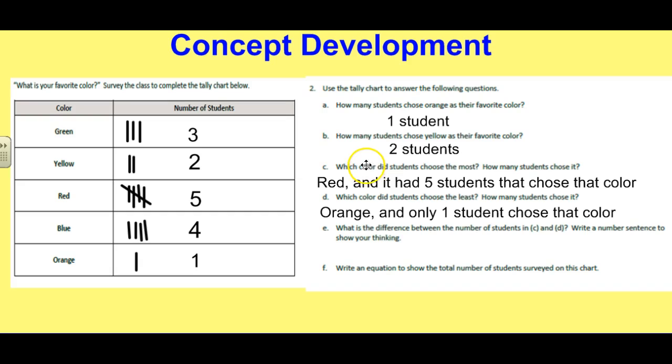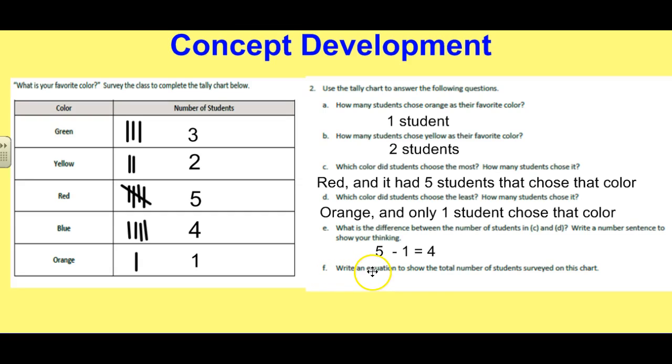So when I look at C, I had 5 students that chose red, so I'm going to put 5, and I'm going to take away the students that chose orange. So whenever I take 5 and I take 1 away from it, I know that that's equal to 4. So the difference between the numbers that were in part C and part D was just 4.